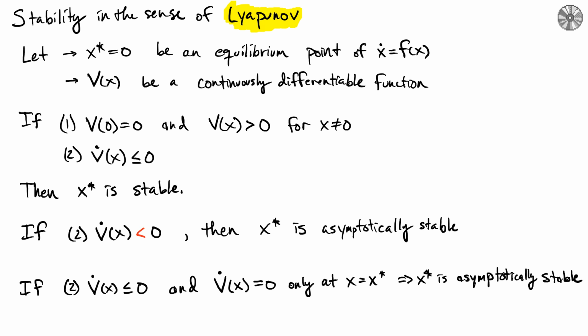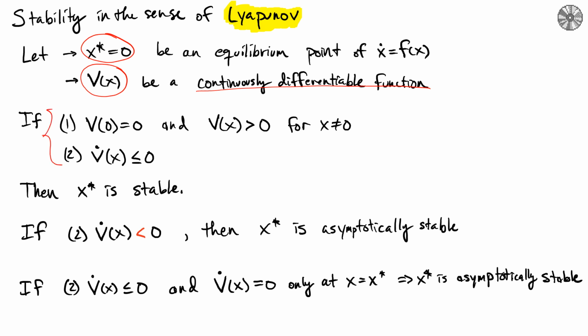So to formalize what it means to be stable in the sense of Lyapunov, it says that if we have some equilibrium point, x star, and this v of x is a continuously differentiable function, we require these two things.